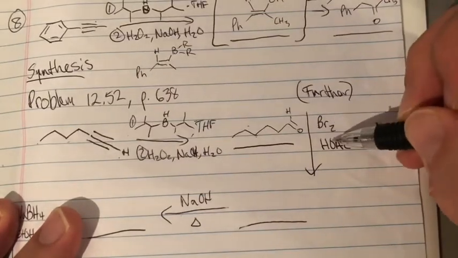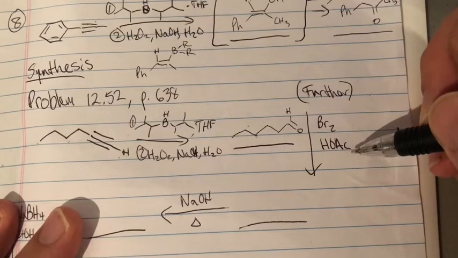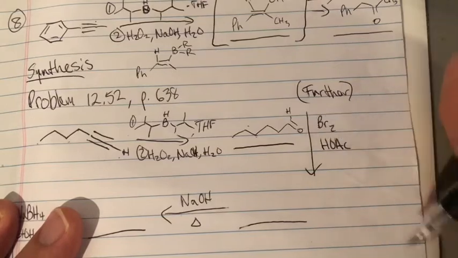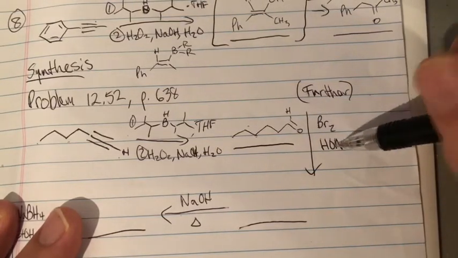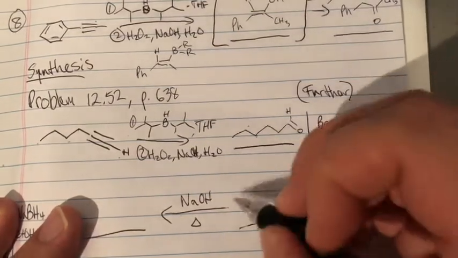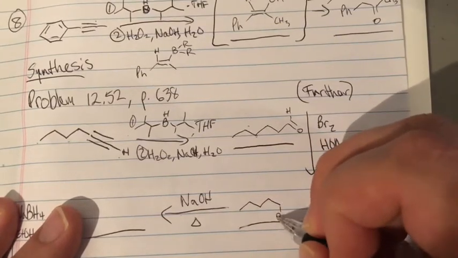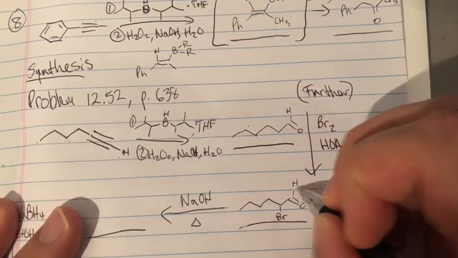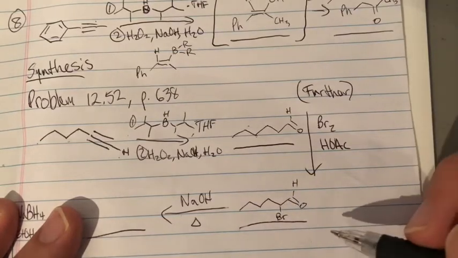Now, Br2 and acetic acid, if you can't dig it out of your skull from chapter 10, that's going to be an alpha bromination. Remember, it's going to just stop at one because it's acid catalyzed. Base catalyzed is just going to brominate further. So you're going to get alpha bromination just once about that alpha carbon.